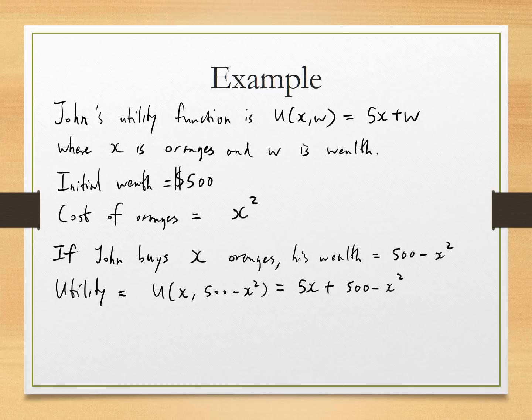Okay, how does it look? Before we proceed, let's see how it looks. This function looks like this. It's essentially quadratic. And because it's quadratic, that means that you should be able to find a point that gives John the highest utility.